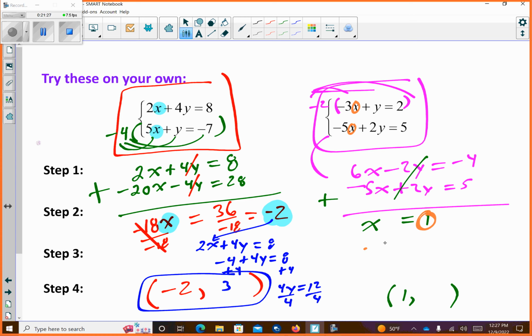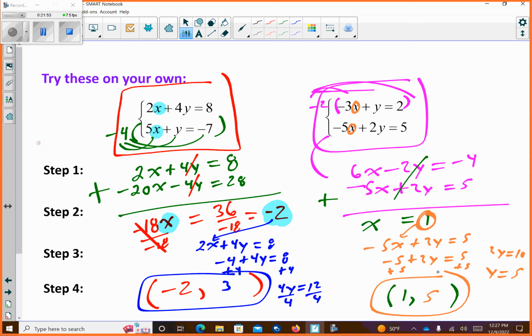So it's -5, so that's going to go there, right? -5 times 1 is -5, plus 2y equals 5. Add 5, add 5. 2y equals 10. So y equals 5. I thought you subtract 5. I hear ya.